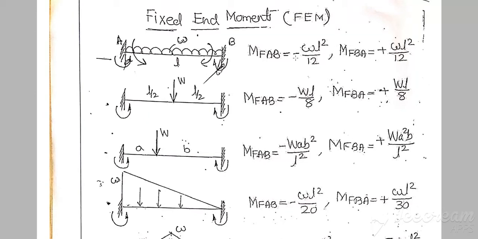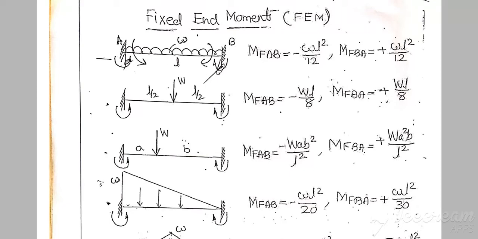You should remember, for calculating AB we are using sign minus. For calculating BA we use sign plus. Only this sign is different for calculating the same span, AB and BA.